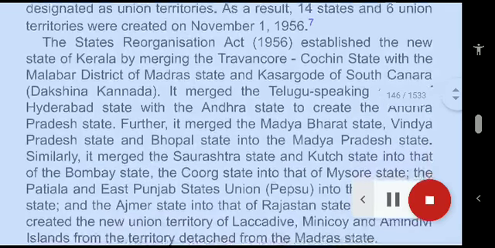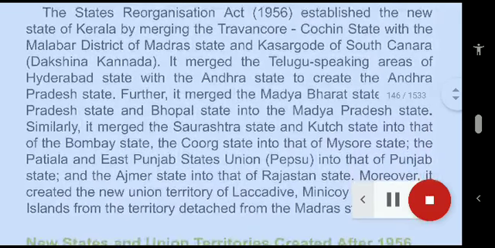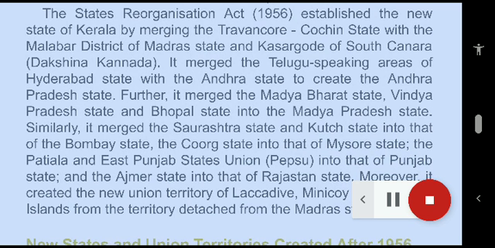The States Reorganization Act 1956 established the state of Kerala by merging the Travancore-Kochi state with the Malabar district of Madras state and Kasaragod of South Kanara, Dakshina Kannada. It merged the Telugu-speaking areas of Hyderabad state with the Andhra state to create the Andhra Pradesh state. Further, it merged the Madhya Bharat state, Vindhya Pradesh state and Bhopal state into the Madhya Pradesh state.